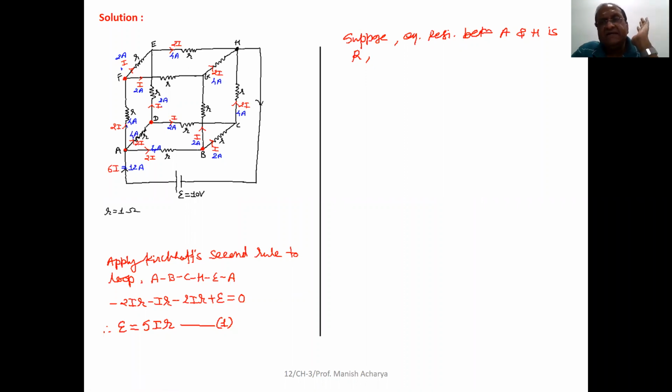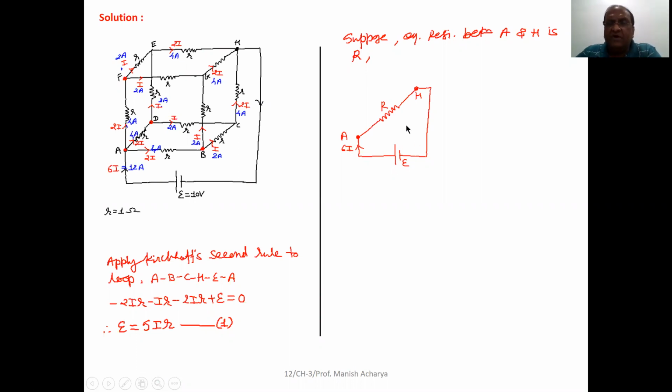So here, if R is the equivalent resistance between A and H, it implies that if we replace this entire network by only one resistor R between A and H, then the same battery will constitute the same current in the circuit.